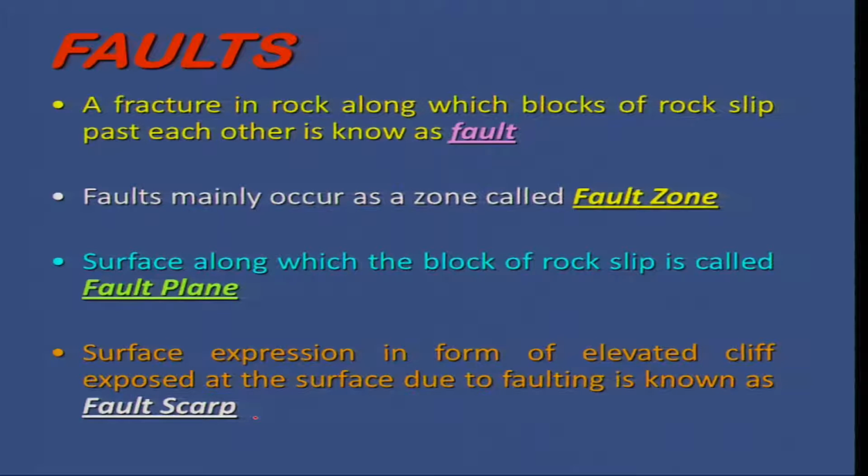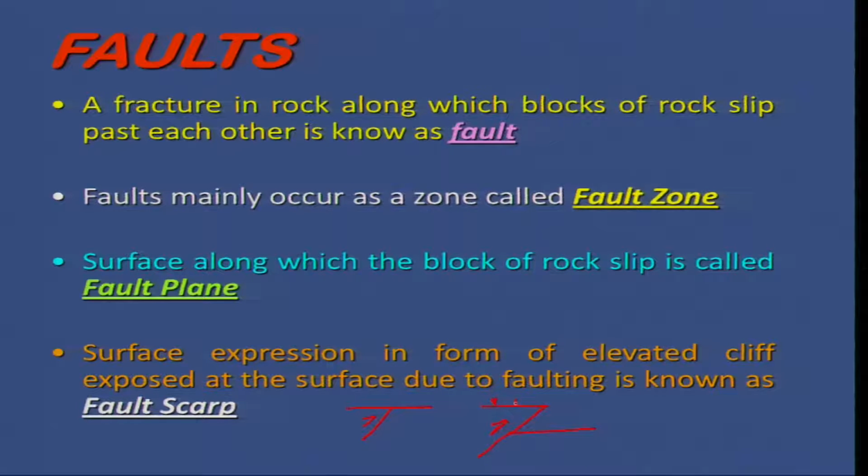If we look at a small sketch here, suppose this was a flat area and there is a fault here which will move like this, then what we see is something like that. So, this fault has moved the surface.